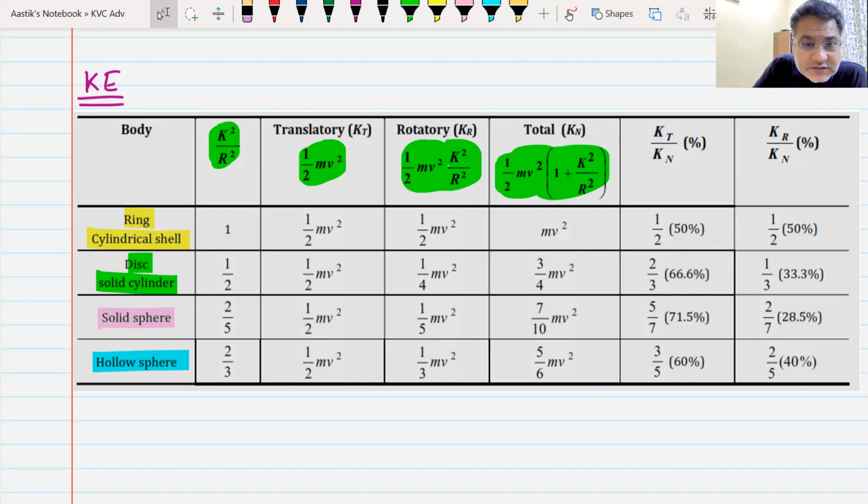That should not happen. So let me check whether you have understood this with the help of this question. And here comes the question.